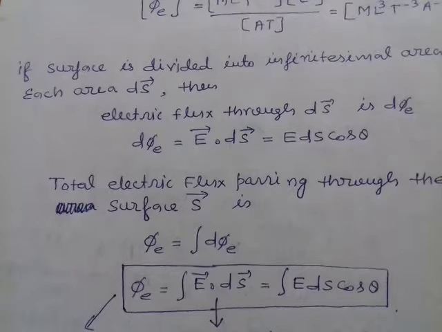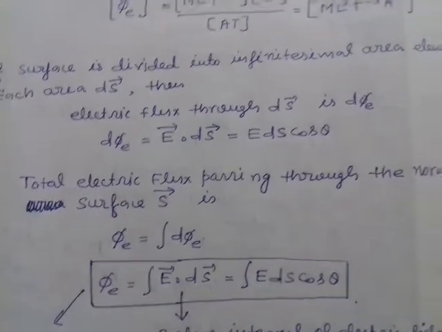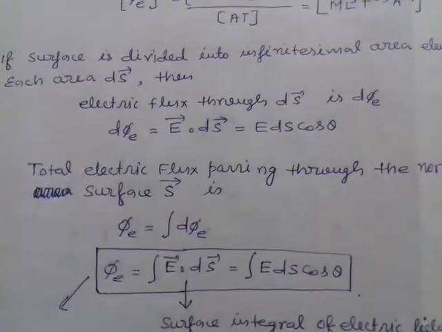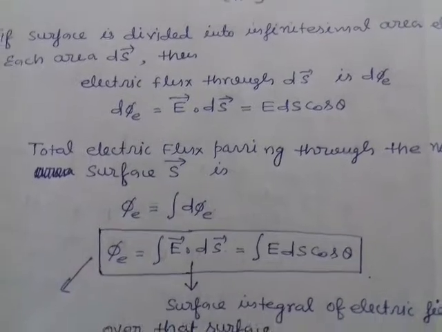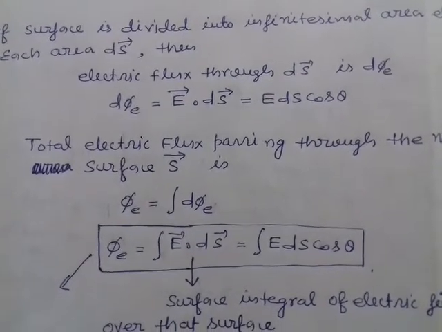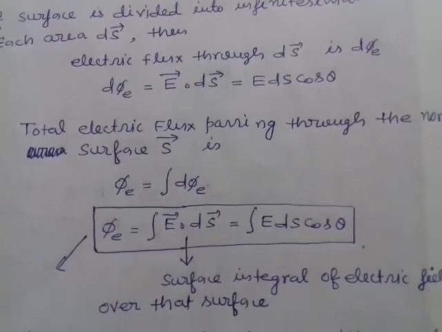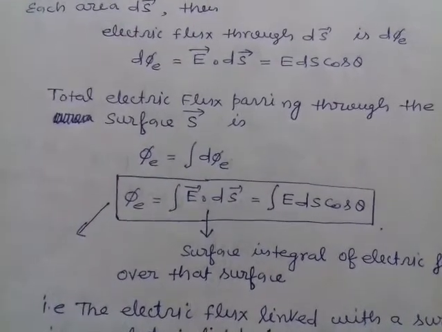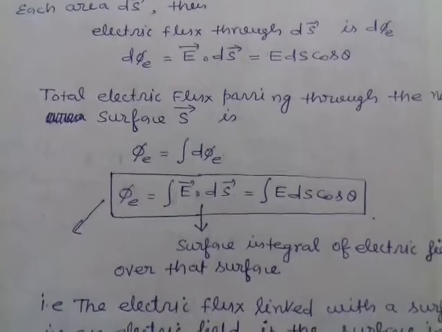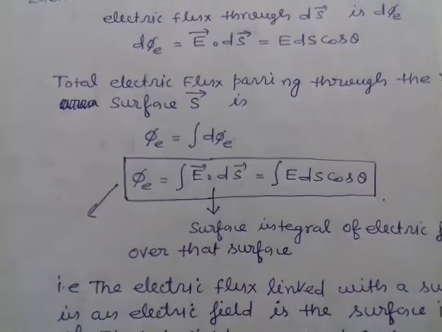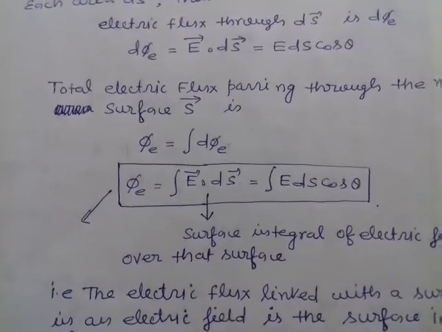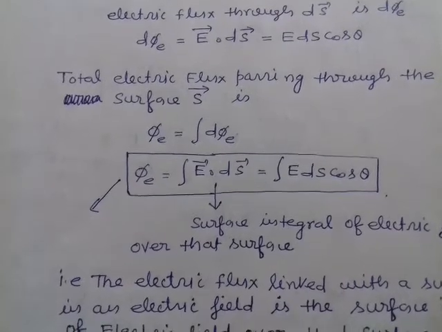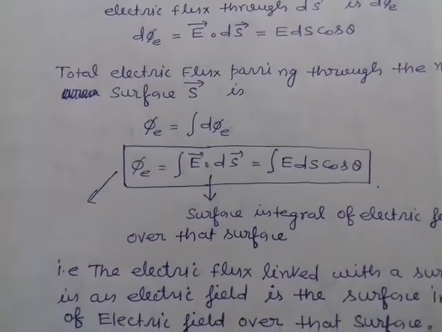Total electric flux passing through the normal surface S is the integration of d phi E, so phi E is equal to integral E dot dS, which is integral E dS cos theta.